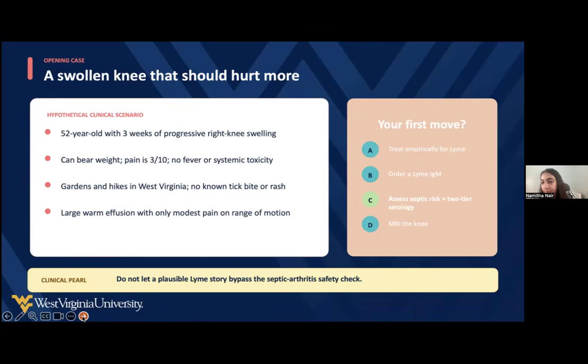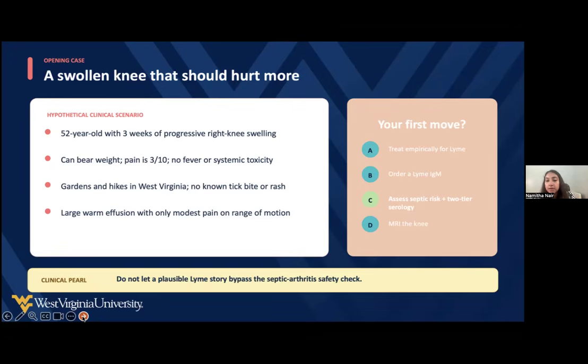Either treat empirically for Lyme, order Lyme IgM testing, assess the septic risk, two-tier serology, or an MRI. I have the answer highlighted, but the main thing to remember here is that for any patient coming in with a single joint involvement with significant swelling and some degree of pain, just because you think this could be Lyme, please don't forget to rule out other conditions.